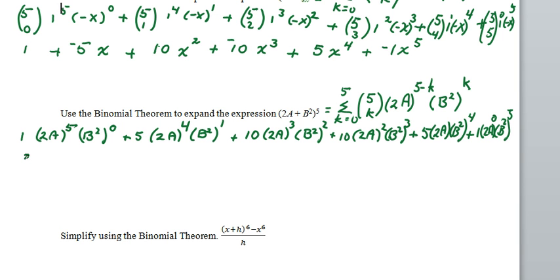So 32a to the 5th is the first term. B squared to the 0 is 1.